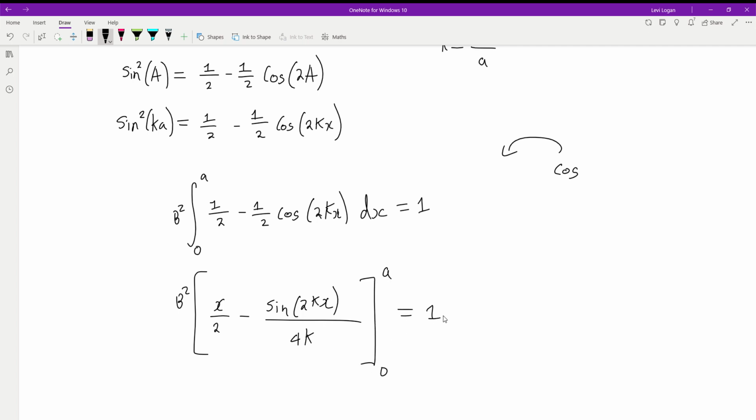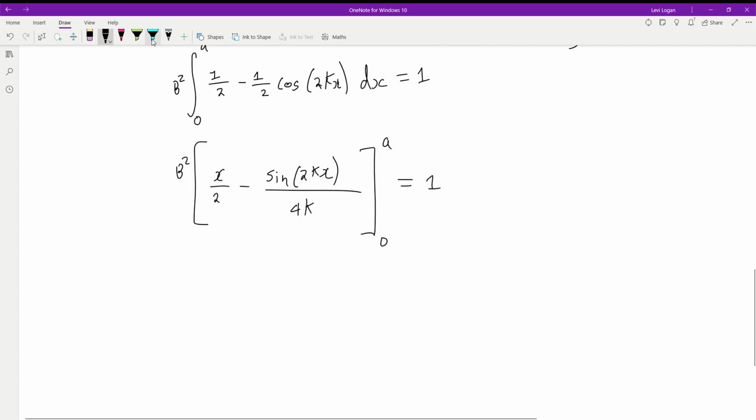This is all equal to 1. Now if you substitute a in, you're left with B squared multiplied by a over 2 minus sine of 2ka all over 4k.